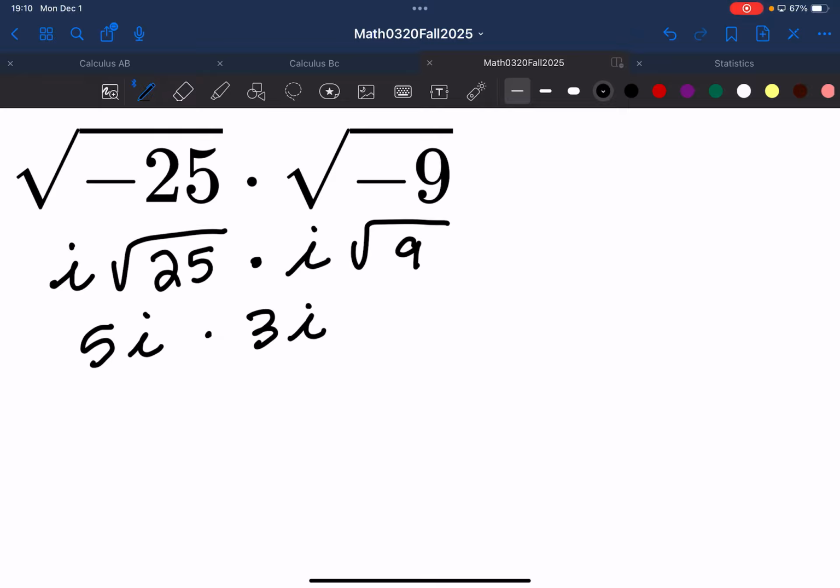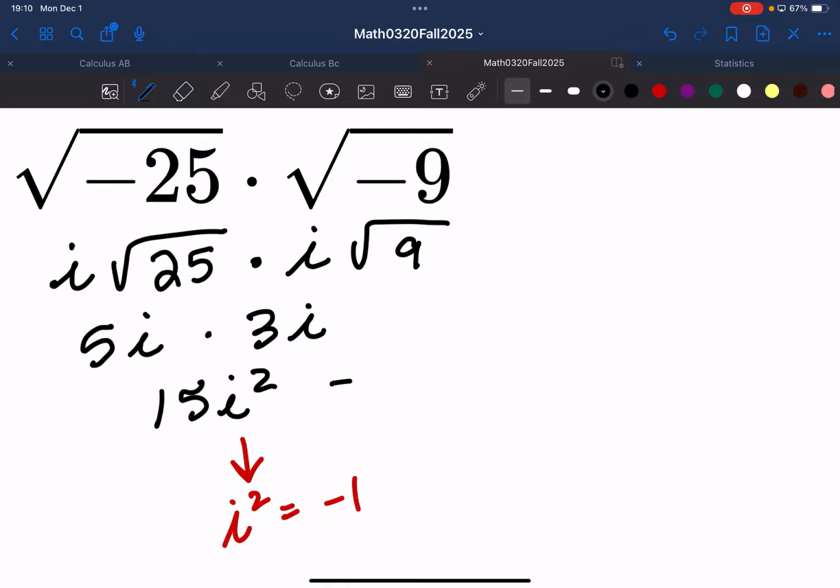And then I multiply. I treat these like I do variables. So an i times i is going to be i squared. So this is 15i squared. Okay, i squared is negative 1. Anytime we have an i squared, that is equal to negative 1.